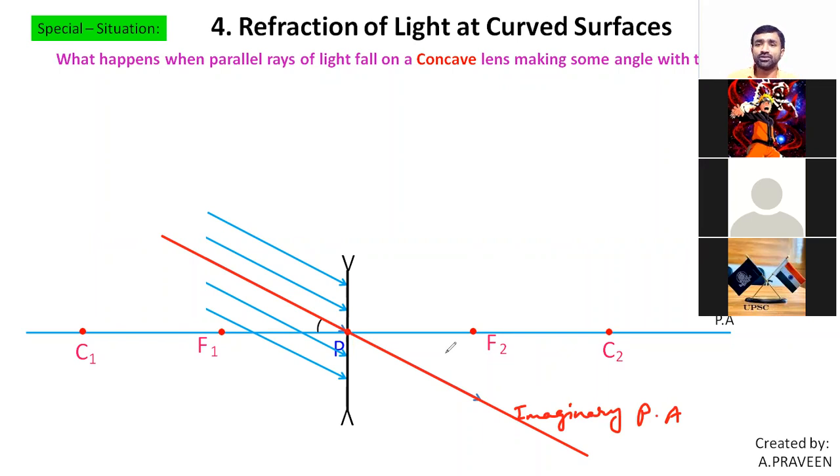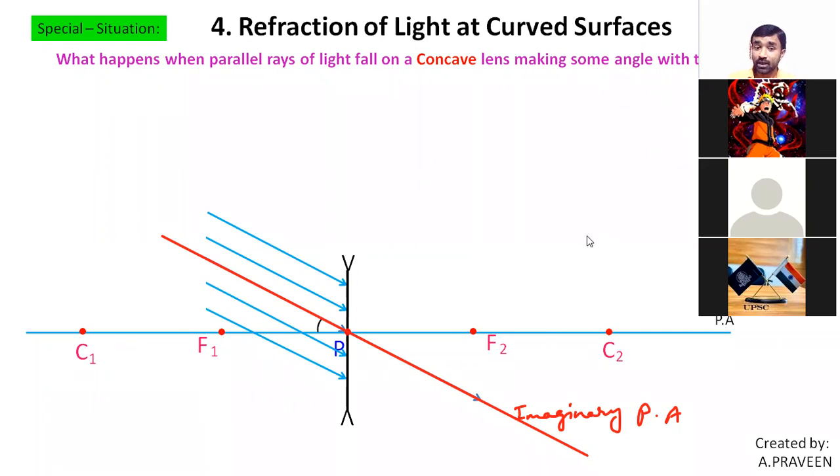Answer me, don't be silent. If you are silent, I'll think you are unable to understand. Where will the concave lens focus be, left side of the lens or right side? Left side. So how to locate that focus? By drawing the focal plane.